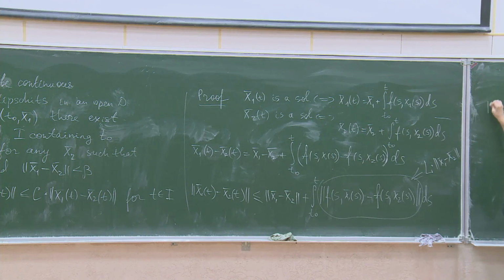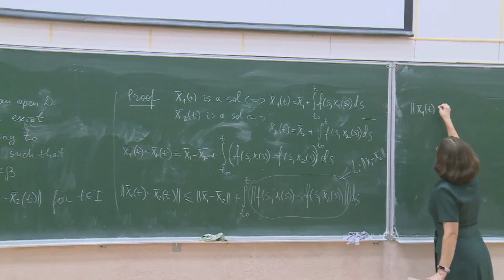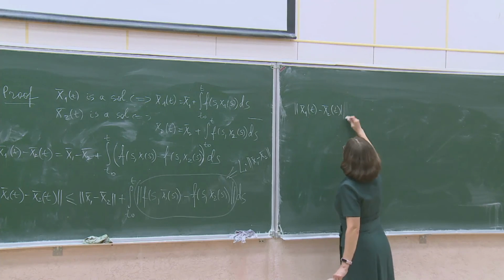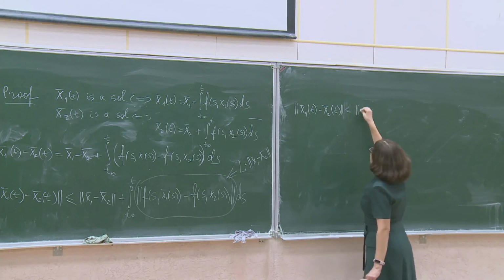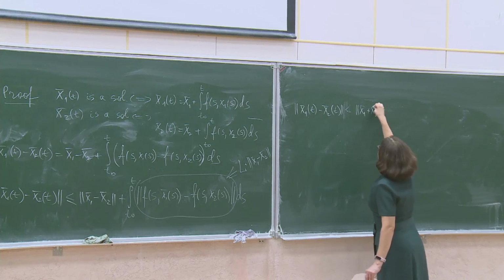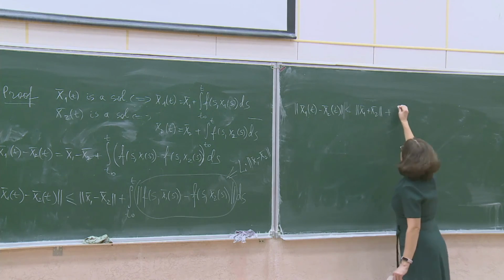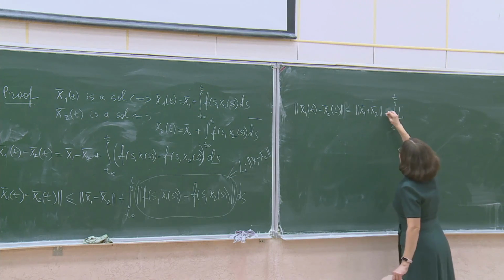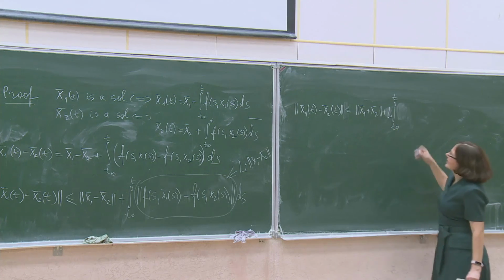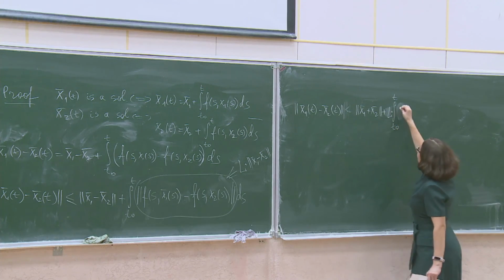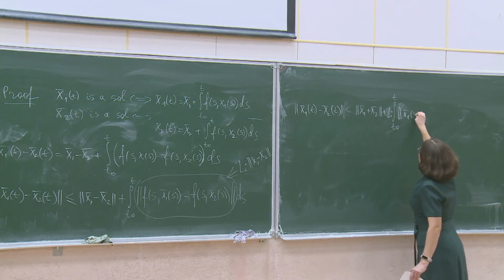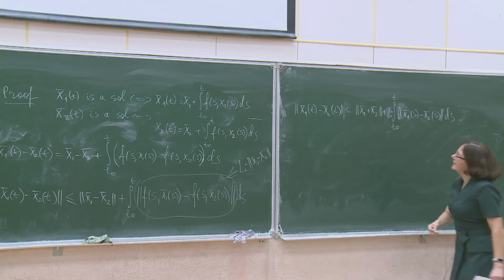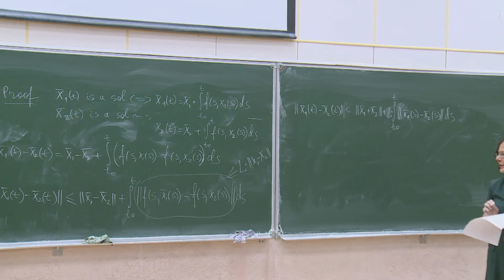And so we have the following: the absolute value of this is less than, so let it be, I will move L through the integral sign because L is a constant. Okay, so this is just what we need.